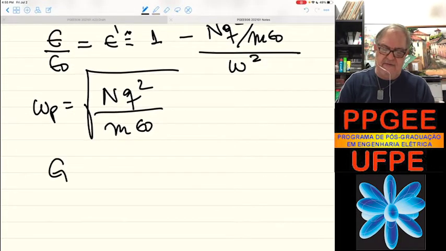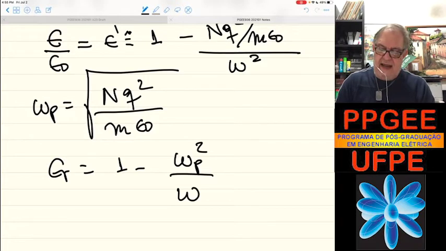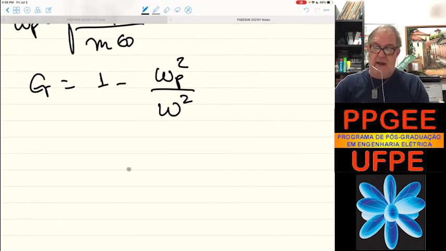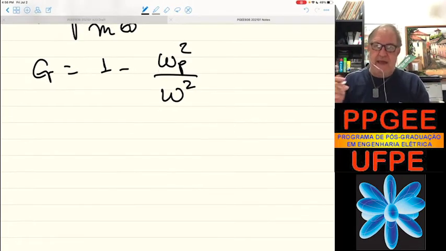So the permittivity is like this, that formula that we derived before. Now, this is valid. There's no resonance, right? This is valid for any frequency. And this function here might be positive or negative, right? So that's the behavior of metals.